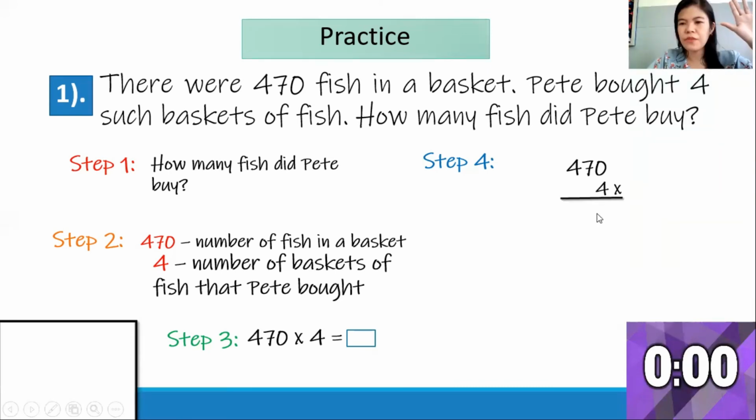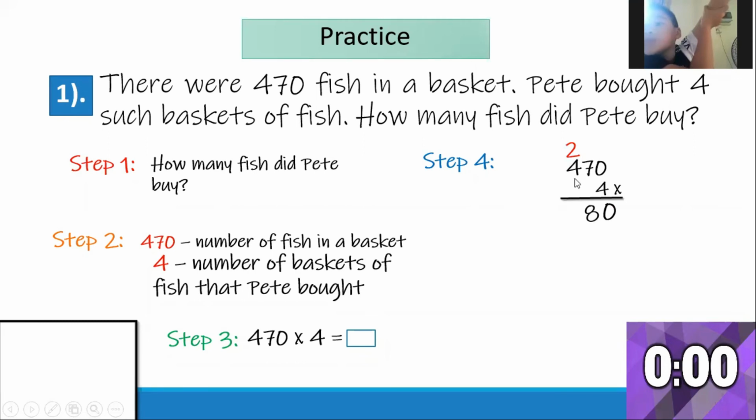Okay, the answer is 1880. Let's try to answer. 0 times 4 equals 0. 7 times 4 equals 28. Carry 2. 4 times 4 equals 16, plus 2 equals 18.